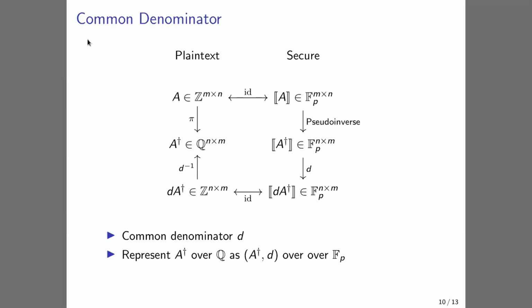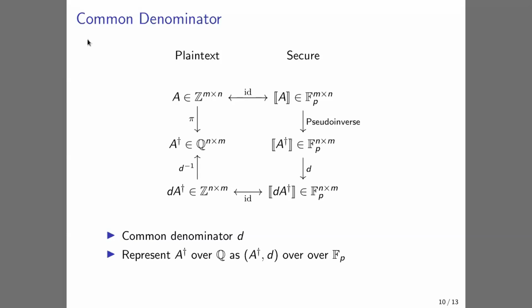Now, if you pick your modulus large enough so that you can represent your input, then there exists this identity mapping between the integers and the elements of the finite field. That's displayed on the top line. Then, if you apply our secure pseudo-inverse protocol, you would get a secret share of the pseudo-inverse over the finite field.